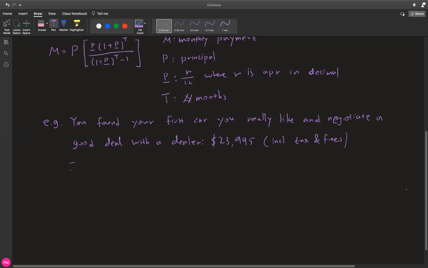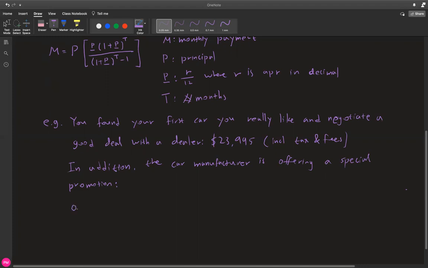And in addition, the car manufacturer is offering a special discount or special promotion, where you can choose between two options.